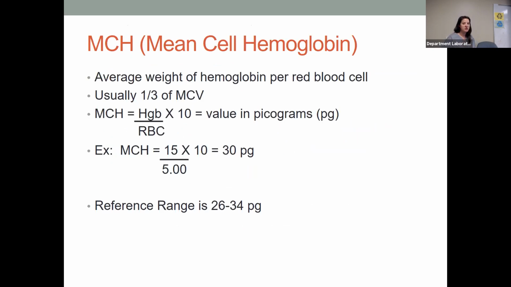Your MCH is your mean cell hemoglobin. This is the average weight of hemoglobin per cell. So if your MCHC is concentration, MCH is weight. It's a calculation. You take your hemoglobin divided by the red cell times 10, and that value is in picograms, PG.